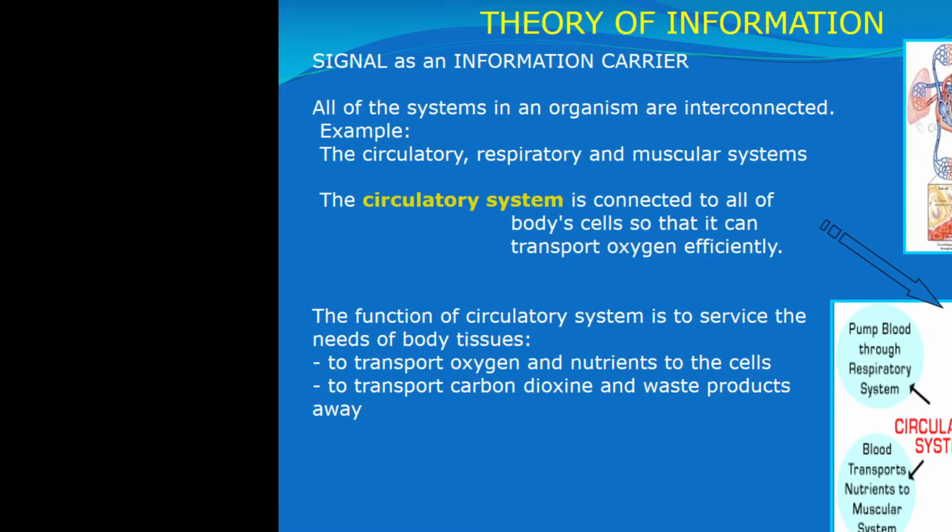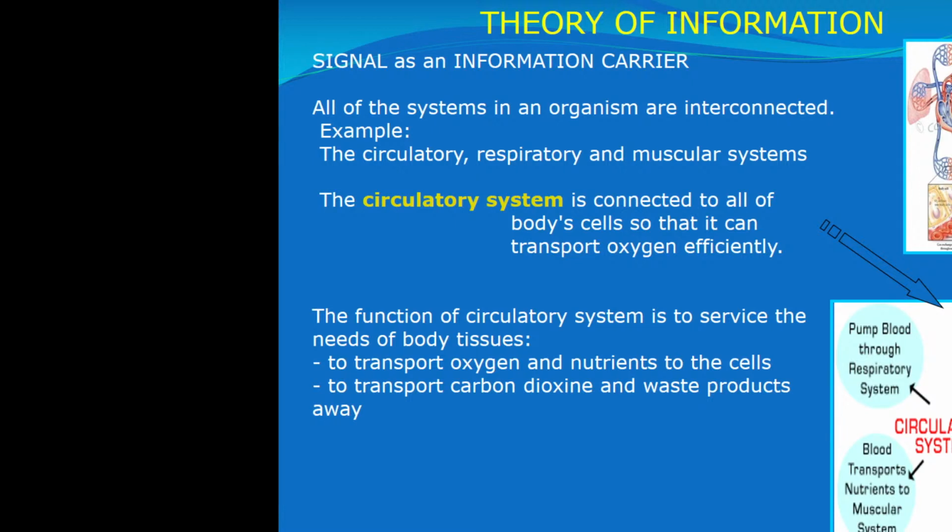The lungs expel the carbon dioxide and bring in new oxygen-containing air. Only when both systems are working together can oxygen and carbon dioxide be successfully exchanged between cells and environment.